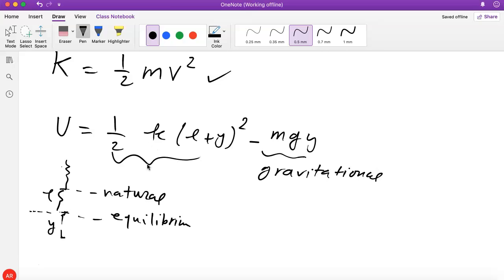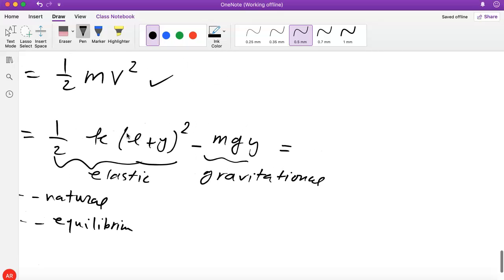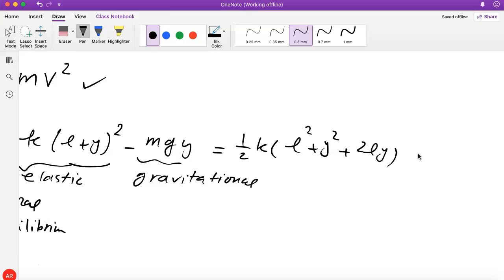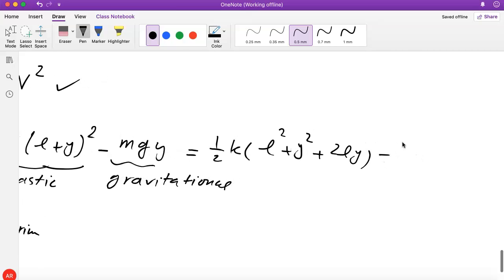And that is, let's say, elastic, the energy stored in the stretched spring. Okay, so what is this? Well, I can expand out (L plus y) squared. So I'm going to get 1/2 k times (L squared plus y squared plus 2Ly) minus mgy.